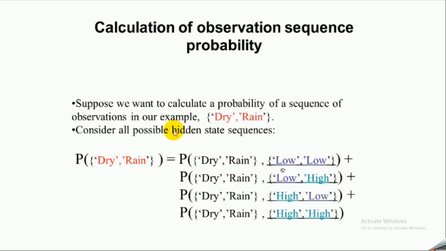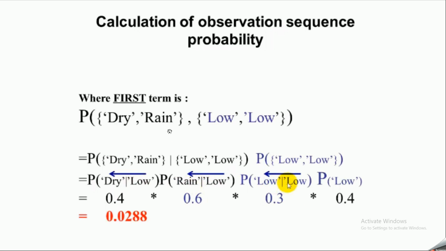We are going to consider the first term, probability of dry rain, low low. Here we apply our concept of Markov model.